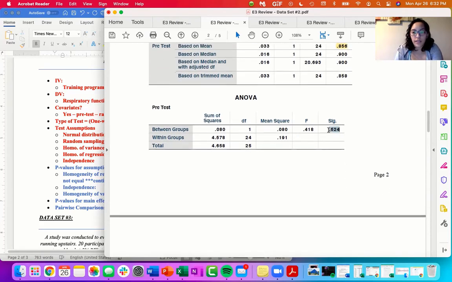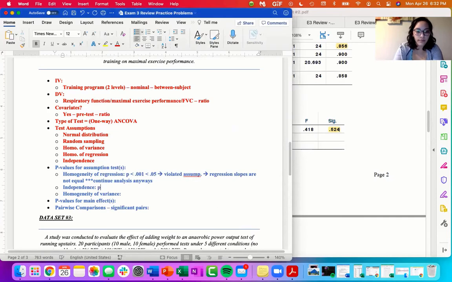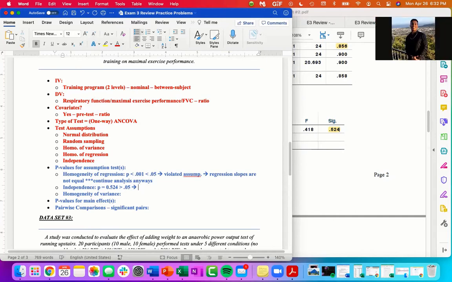So if we're reading the ANOVA, we have a p-value of 0.524, which is greater than 0.05. So what does that mean? You accept the null, so the training programs have no effect on the pretest measurements.